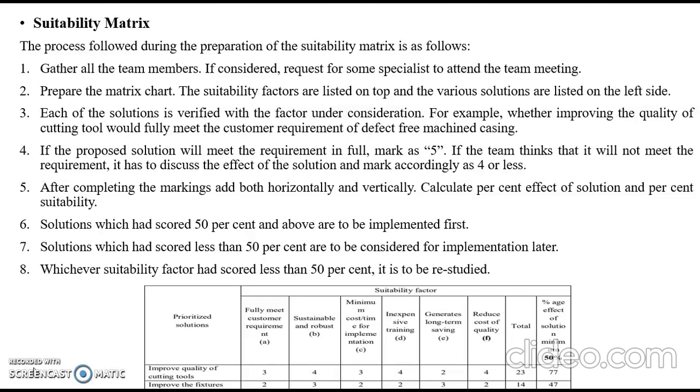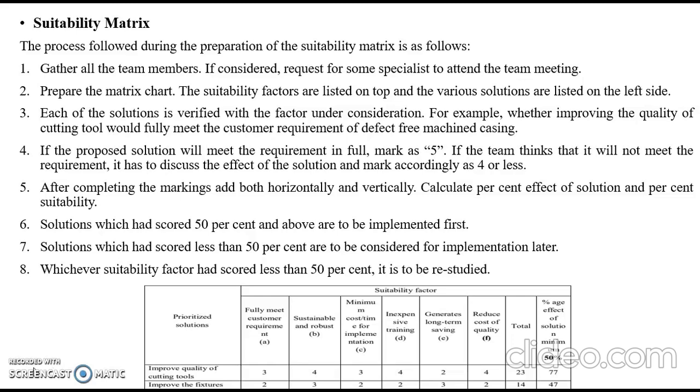If the team thinks that it will not meet the requirement, it has to discuss the effect of the solution and mark accordingly as 4 or less. After completing, add the marks both horizontally and vertically. Calculate the percentage effect of solution and percentage suitability.